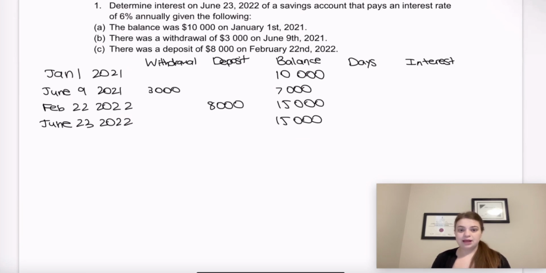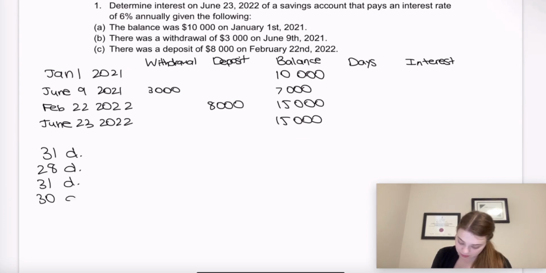Okay, so next I need to fill in the number of days. How many days are between January 1st and June 9th? Well, let's see. There are 31 days in January, 28 days in February, 31 in March, 30 in April, and 31 in May.